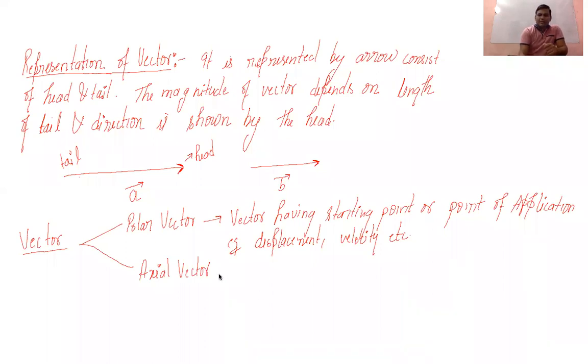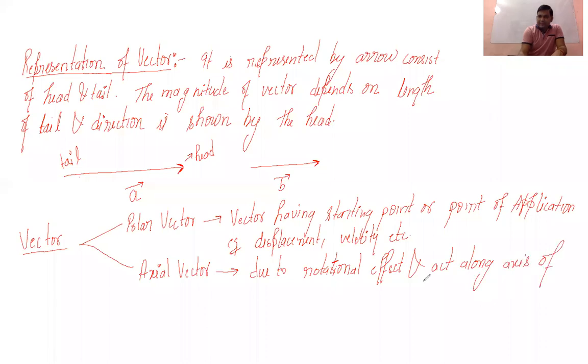So what do you mean by axial vector? The axial vector represents the rotational effect, or acts along the axis of rotation. You can understand it like torque.